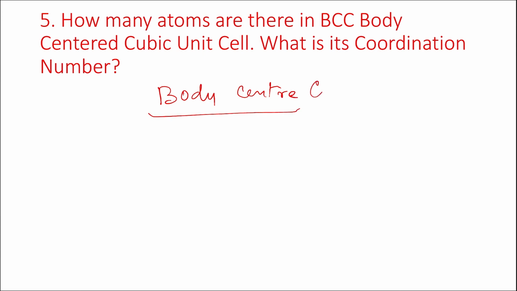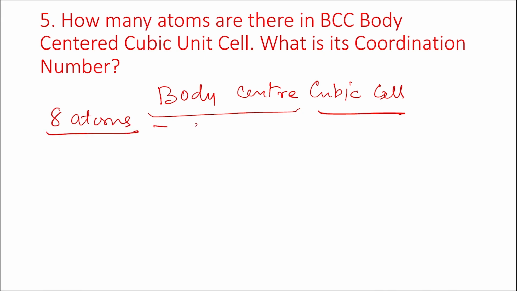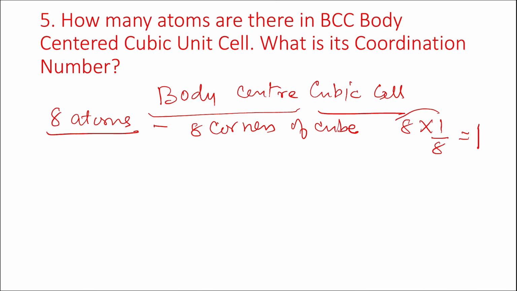In this structure, what happens? There are 8 atoms at the 8 corners of the cube, and effective number will be 8 into 1 by 8 is equal to 1, as happens in simple cubic structure.